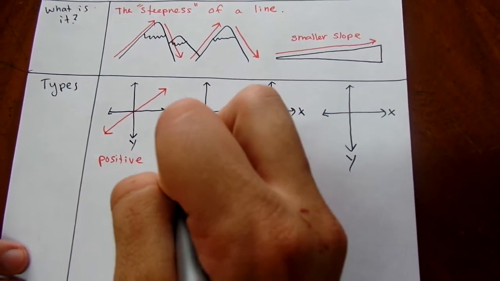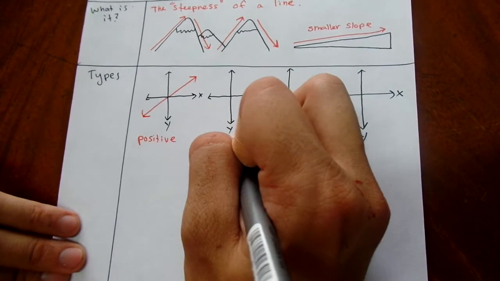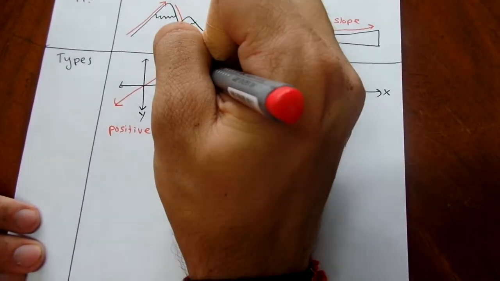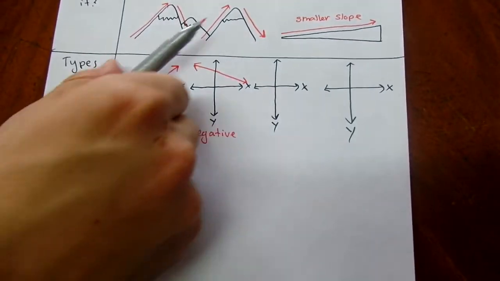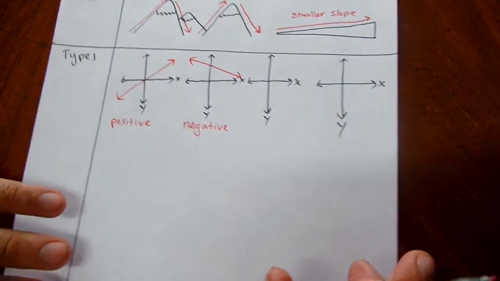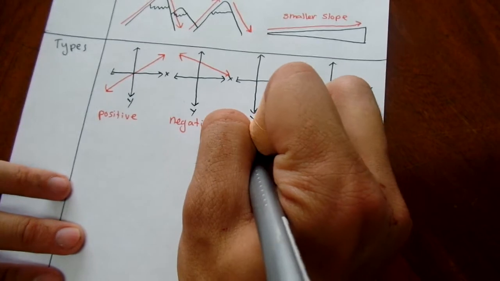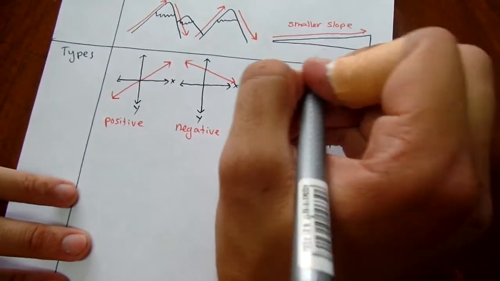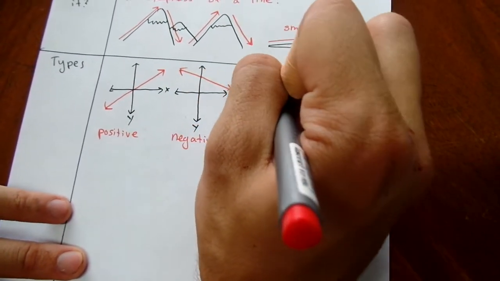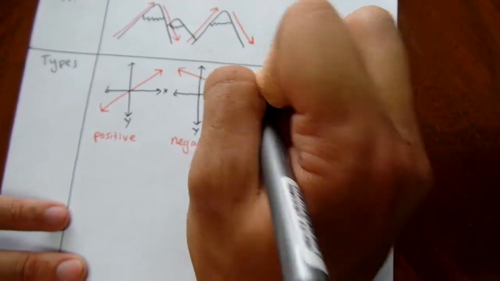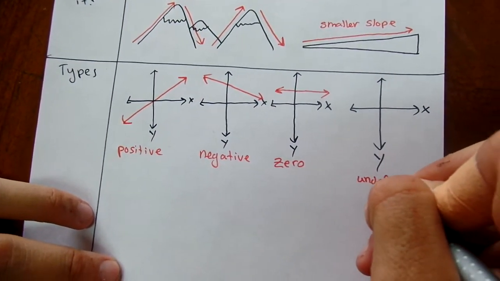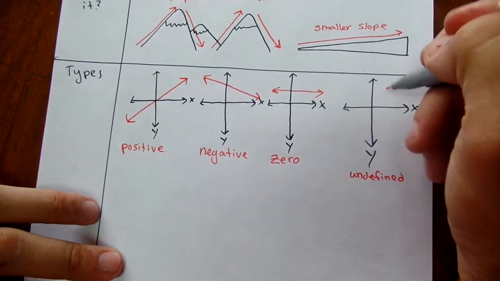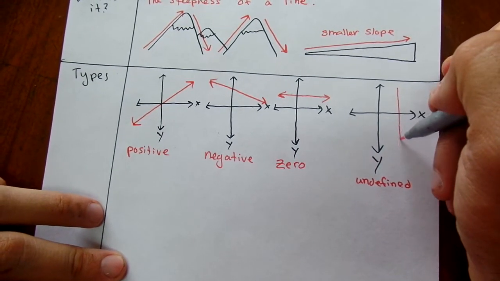Okay? We have negative. Doesn't have to go to the middle, it can just go down. So positive goes up, negative goes down. We have a 0, okay, which is just perfectly horizontal. And we have something called undefined, and that is a vertical line.